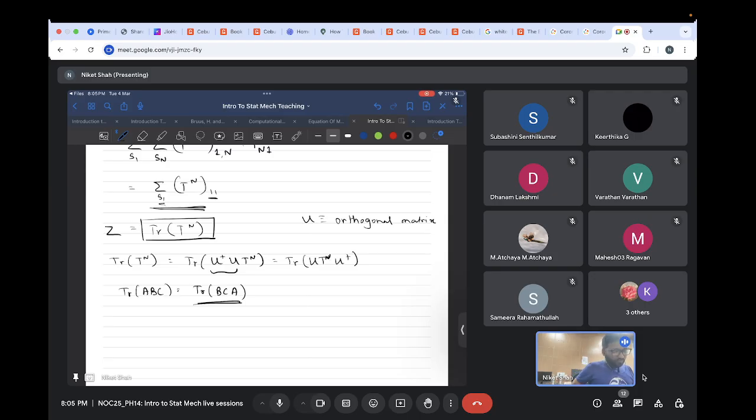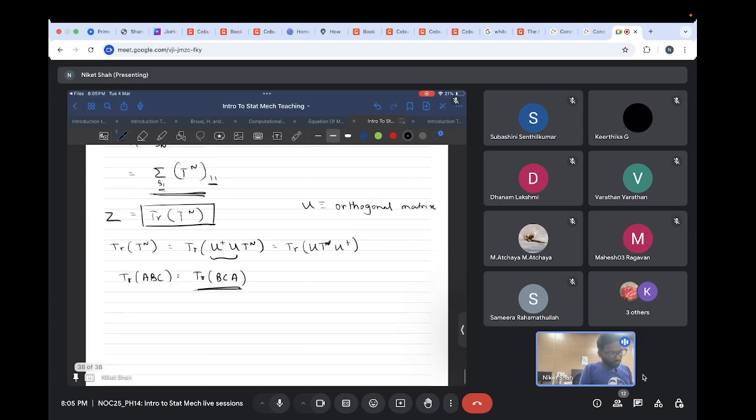Now, till now, this U was any orthogonal matrix. Now, what we'll do is, I'll talk about a very specific orthogonal matrix which will diagonalize T, the transfer matrix.